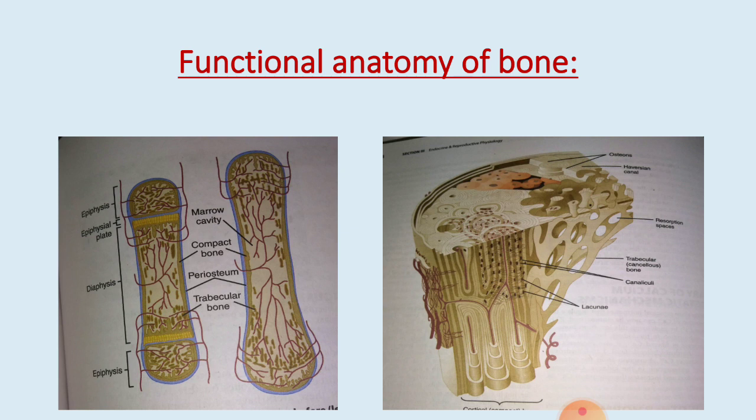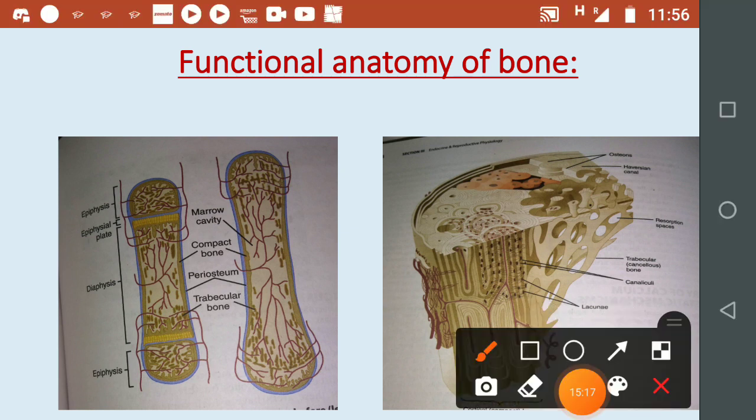So these are the Haversian system. At the center there is the Haversian canal which lodges the nutrient artery, and surrounding it there are concentric layers of collagen impregnated with ground substances and calcium salts, hydroxyapatite crystals, called osteoid. This is the Haversian system.